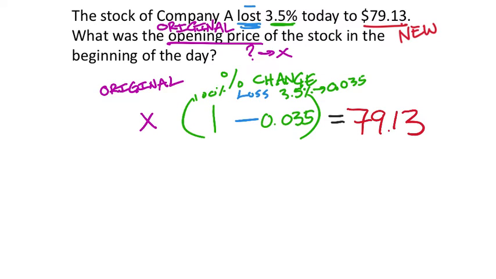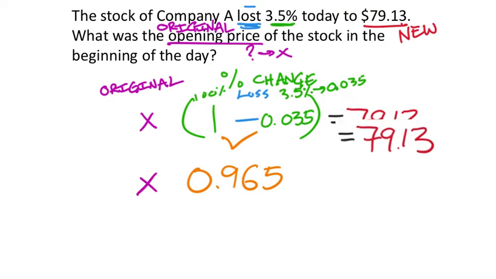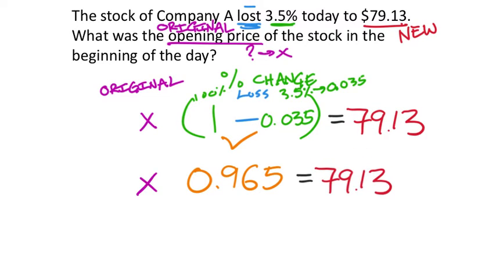So from here, you could distribute, but actually I see that I can just combine these, right? 1 minus 0.035 would be 0.965. And that's how much we're paying of the original. And this equals still 79.13. Now I'm going to reverse this.